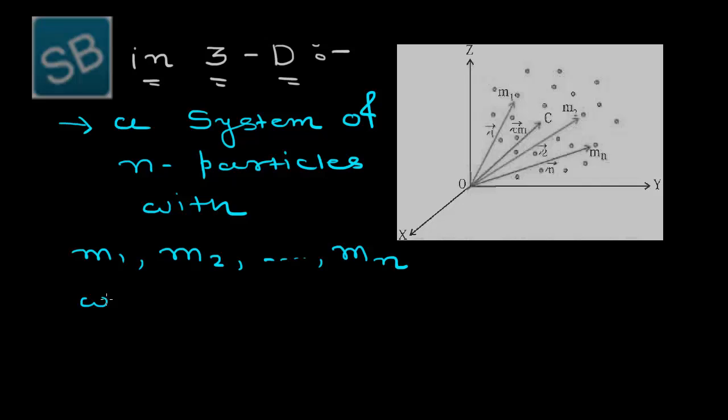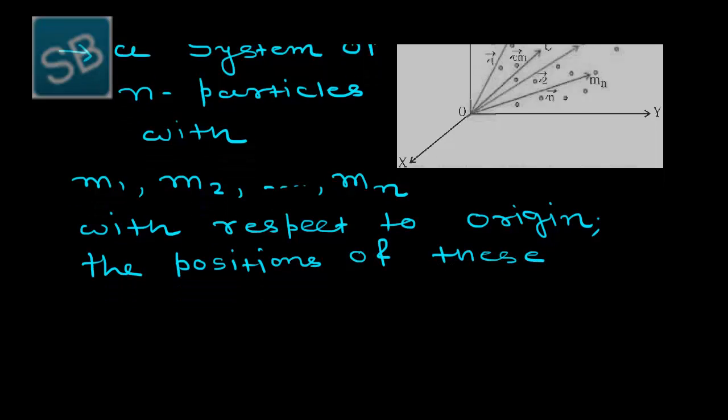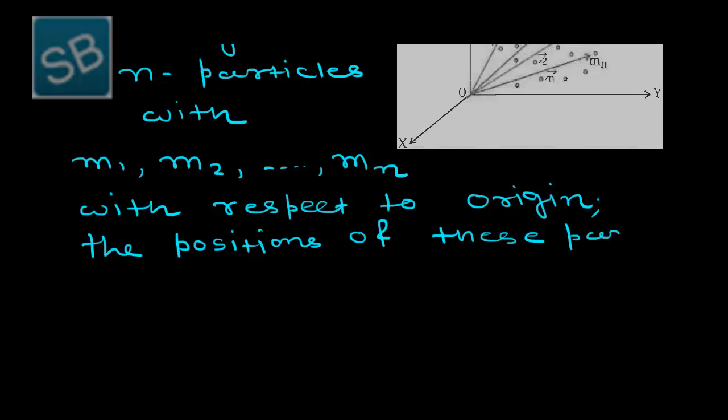So, with respect to the origin, the distance or the position of these particles are given by the position vectors.